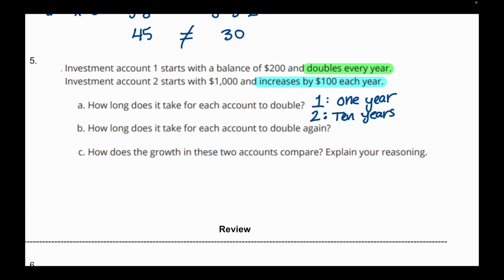How long does it take each account to double again? Well, for account 1, it's just going to be 1 more year. For account 2, we're now trying to go from 2,000 to 4,000. So this is still only adding $100 a year. So now we're trying to increase by $2,000, so that's going to be 20 years.